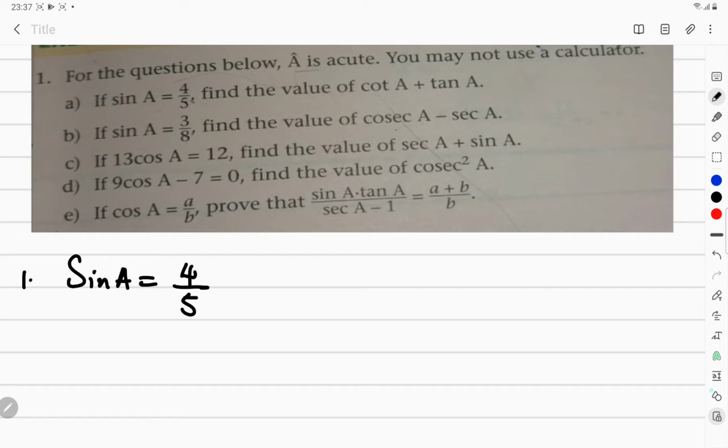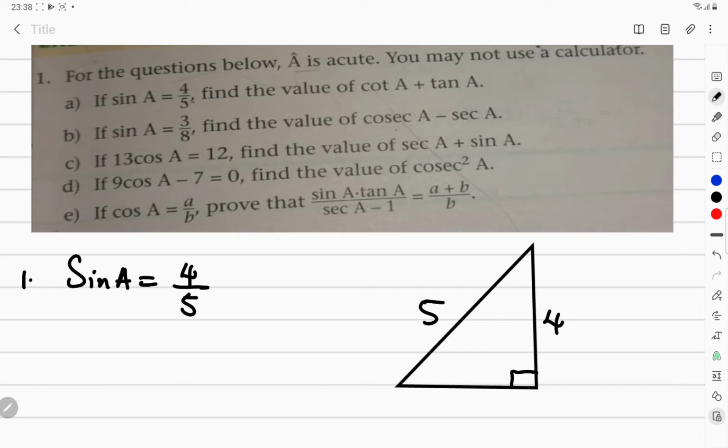Let me draw the right-angled triangle here. To define sine, you need to remember opposite over hypotenuse. Then the opposite will be 4 over the hypotenuse, which is 5.